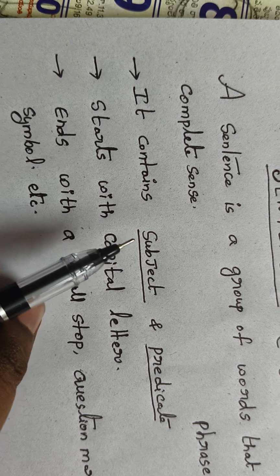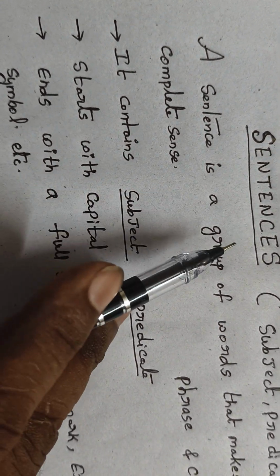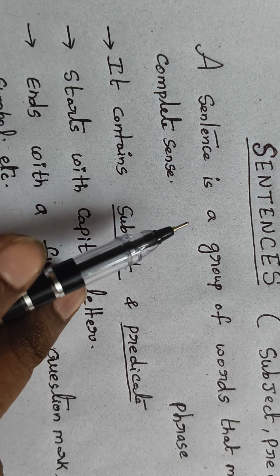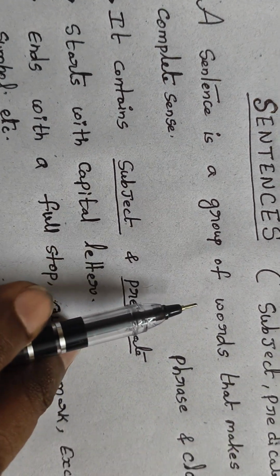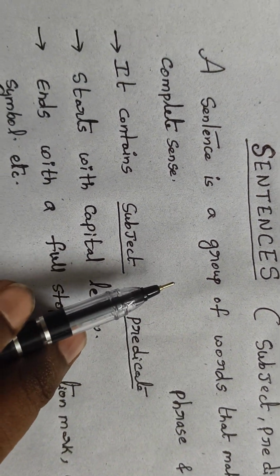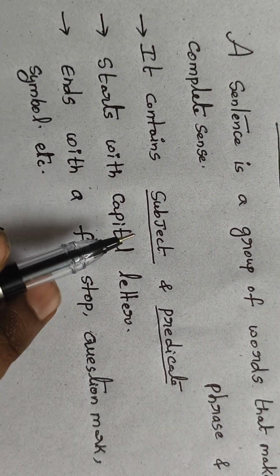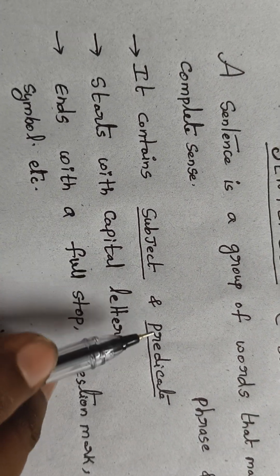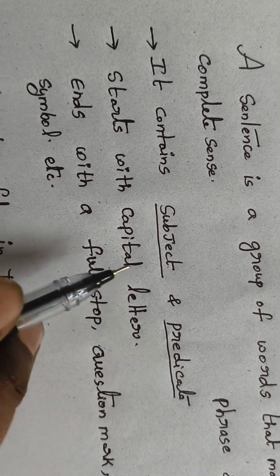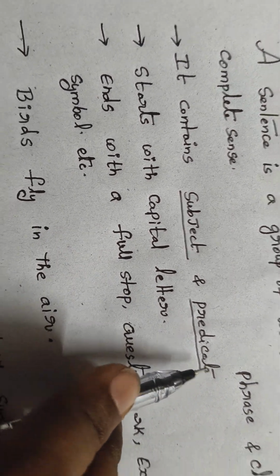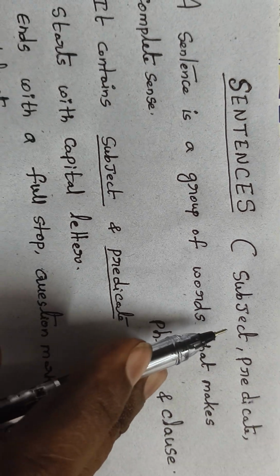Listen carefully. Now, once again, what is a sentence? In addition to the meaning that a sentence is a group of words that makes complete sense, it contains subject and predicate. Then what is subject?